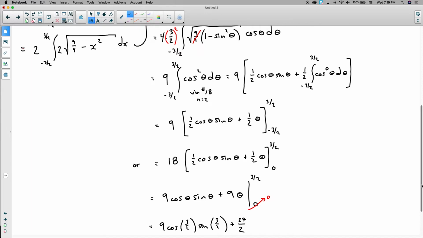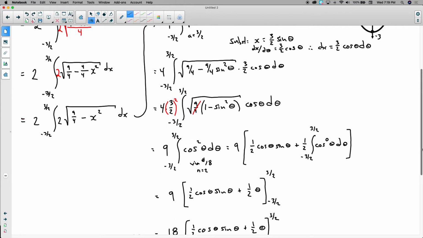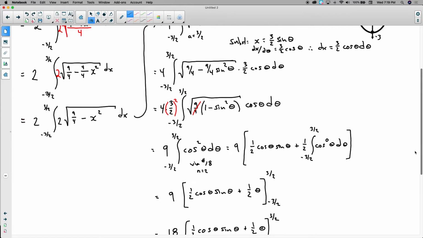So I need to come up here to my substitution and talk about changing these limits out. If we can follow this one, the upper limit was 3/2, and I need to know the theta that goes with that.